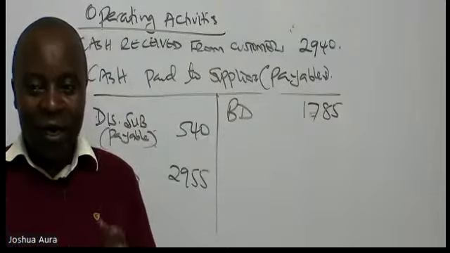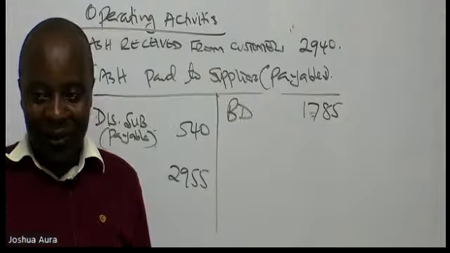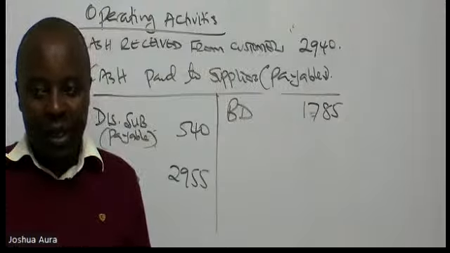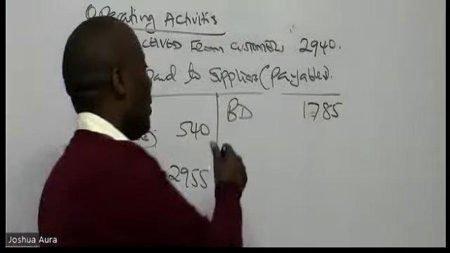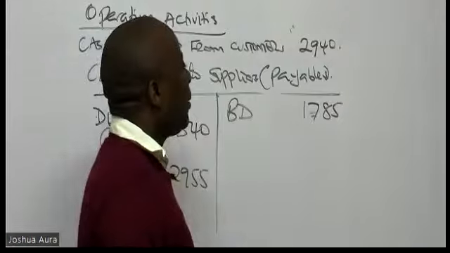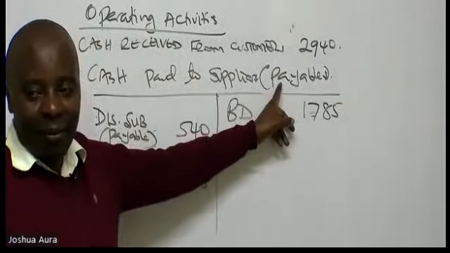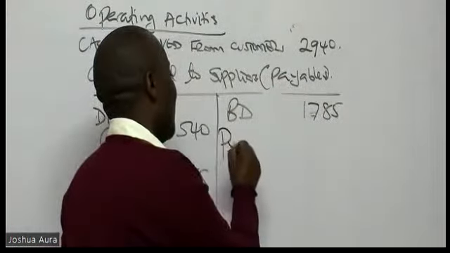Cost of sales, quite a good trial, but no. Yes, credit purchases. So we shall bring purchases here. And by the way, the purchases, of course, will increase my payables when they are credit.